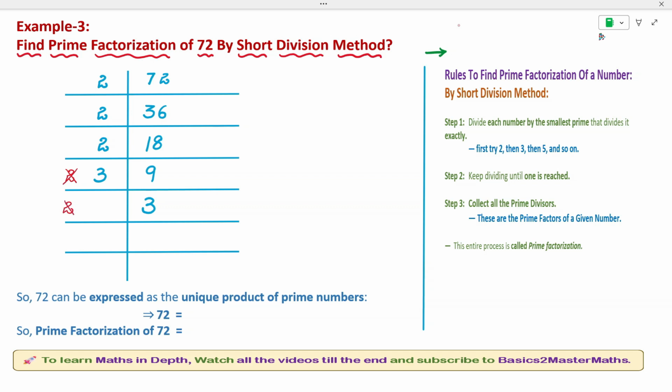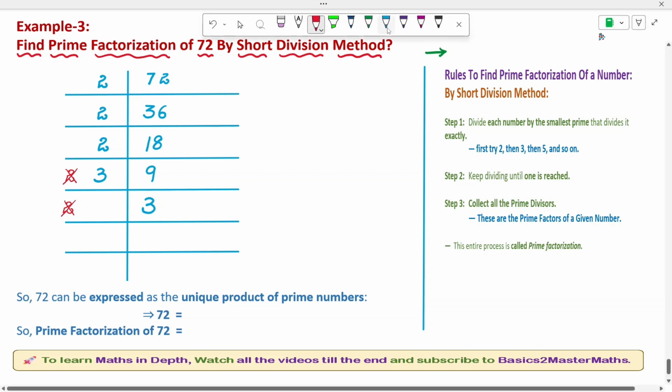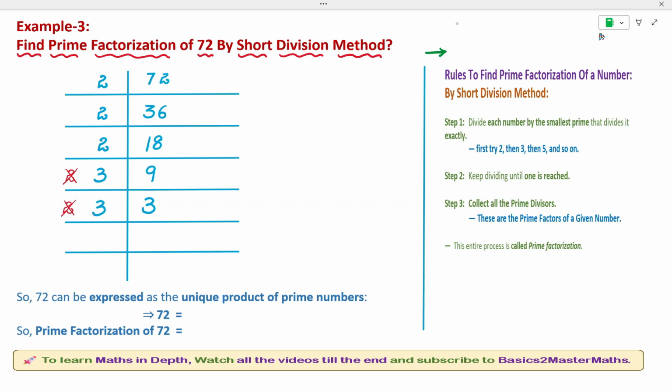Since 2 does not divide 3 exactly, move to the next smallest prime 3. Since 3 divides 3 exactly, we get 1. Once we get 1, we stop here.